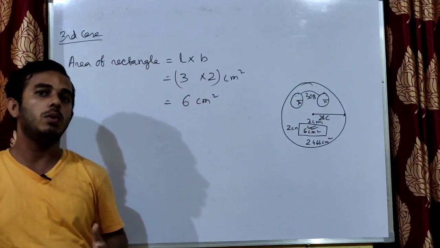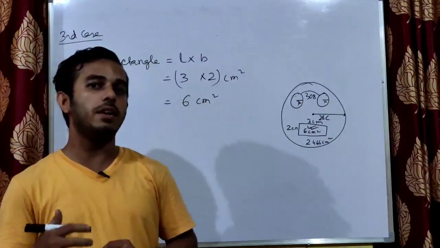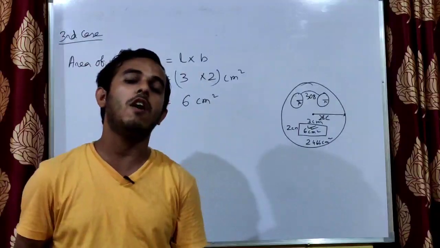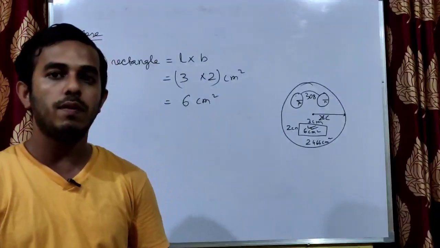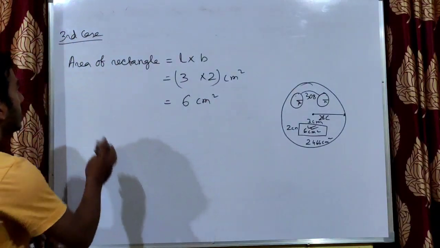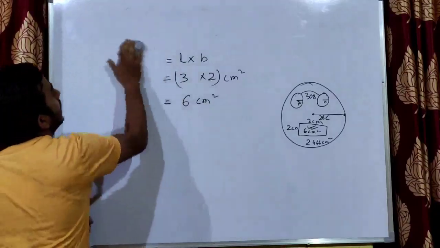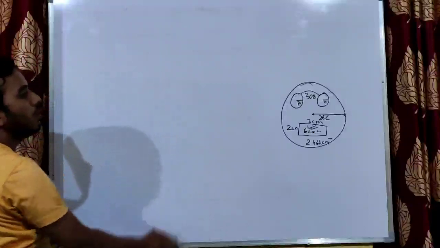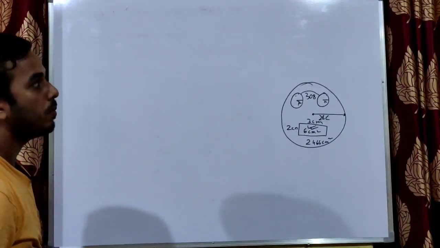Now what we will do? We will subtract area of both the circles and area of rectangle from the area of card, right? So we will find area of the remaining portions. So let's start. How will we write the statement? We will write area of the remaining portion.